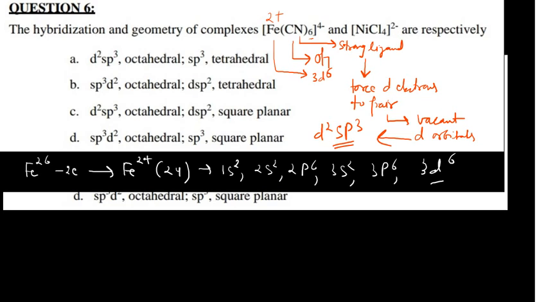However I have solved very sequentially, but remember, whenever strong ligands are there, as in the case of cyanide, a low spin complex will form. Low spin complex means d2sp3 hybridization. Now check the options in which d2sp3 is given. So this is d2sp3, this could be your answer. This is sp3d2, this cannot be your answer. This is d2sp3, this could be your answer, and this is sp3d2, this could not be your answer. So you have to select between A and C. Now looking at your next complex, which is what?